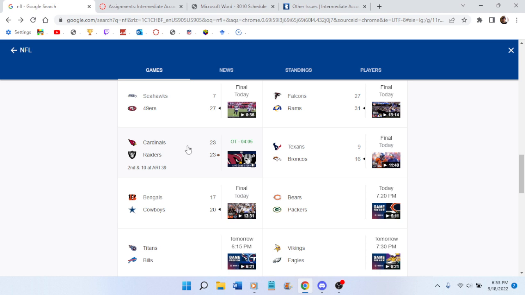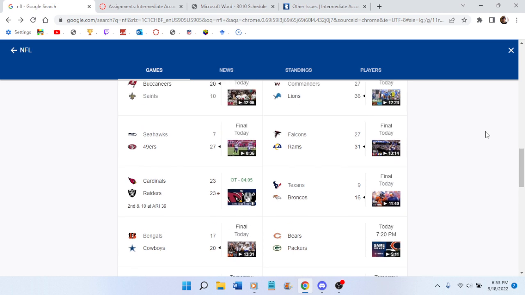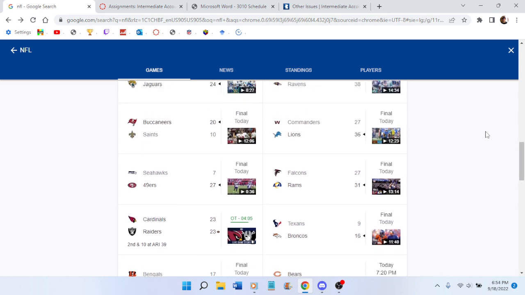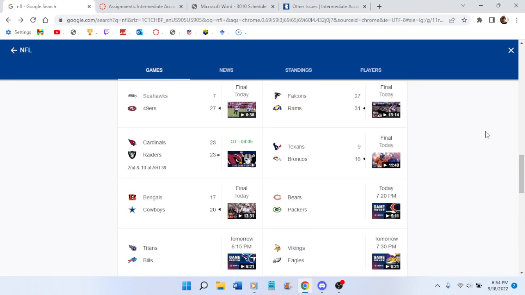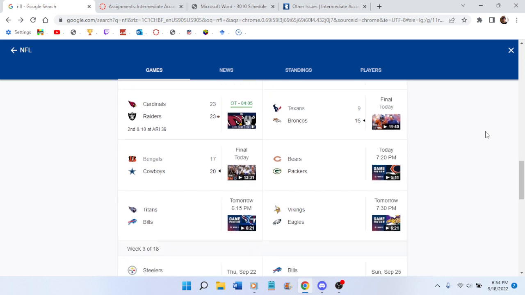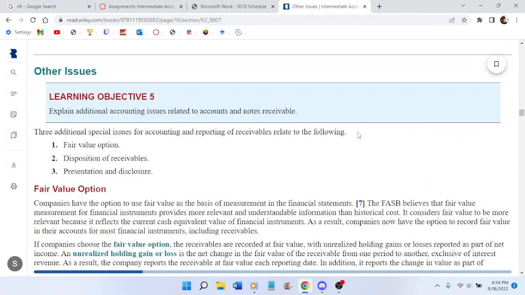They might actually be able to pull this off. Dang it. Learning objective 5.